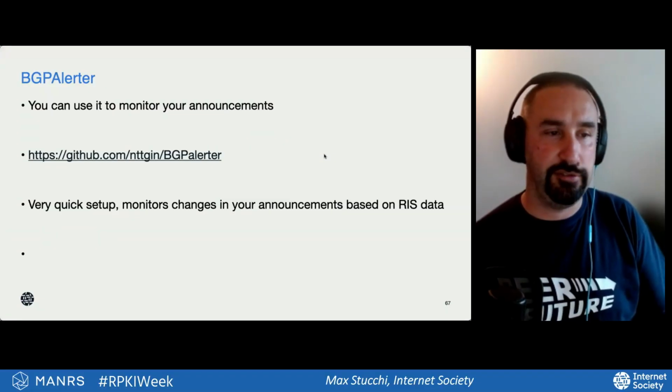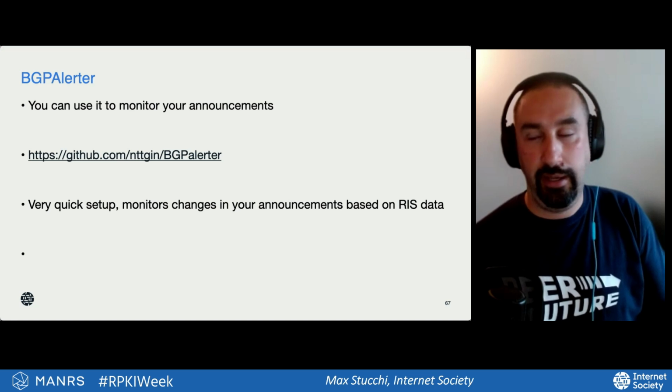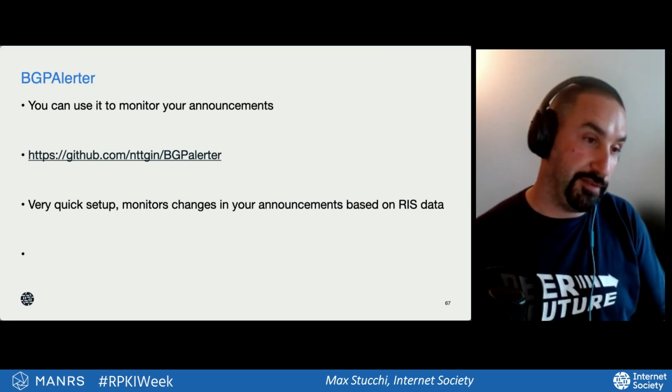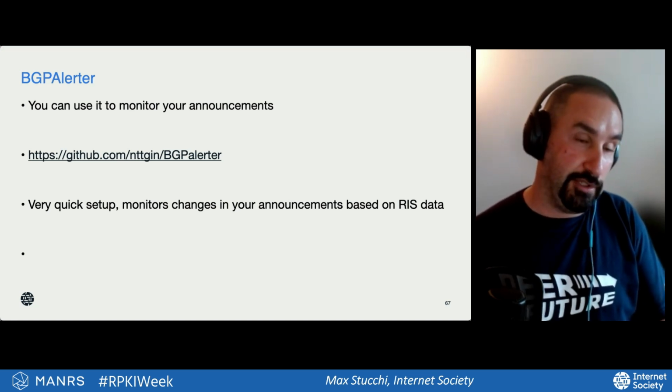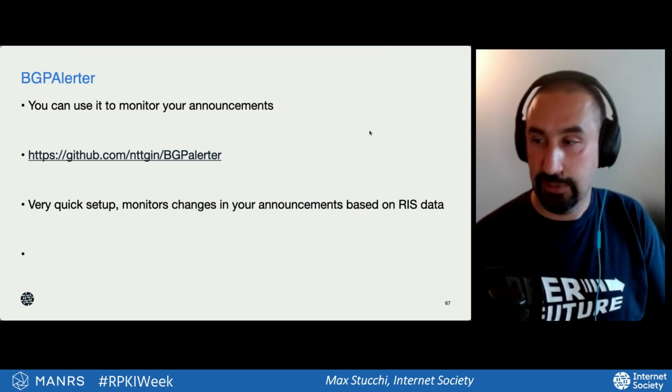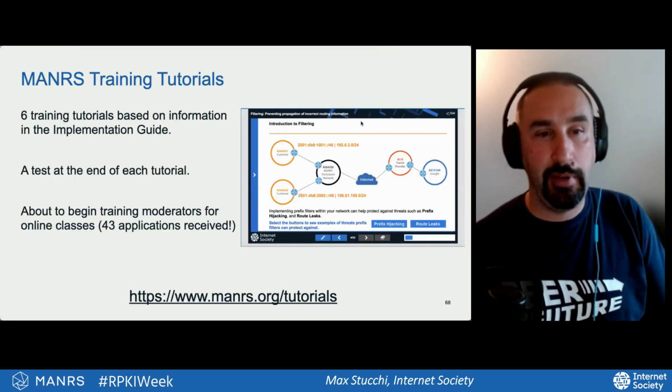And looking at RIS data, your BGP Alerter is able to figure out if there has been any change in routing to your prefixes, and then notify you if there's anything suspicious. And on top of that, BGP Alerter was written by Massimo, who is a fellow Italian, so you should be using it just because of this.